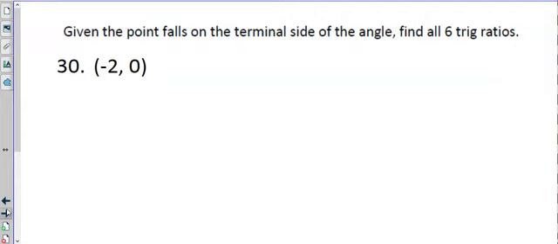Number 30. (-2, 0) is right here. Okay. So this is one where I would kind of just think about the unit circle to do these ones. Technically, you're not exactly correct if you just use -2.